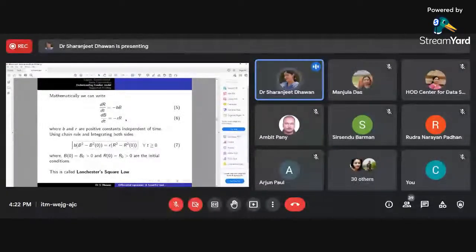If we solve equation number 5 and 6, we get this expression in this form, that is 7. And these are the initial army men in the red army and blue army. So this is called Lanchester's square law. It can predict the outcome of a combat if initial strengths and effectiveness constants of both forces are known.